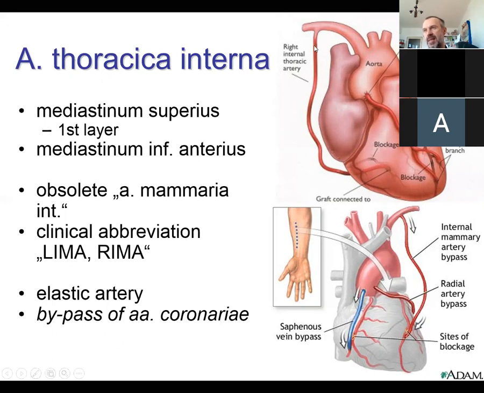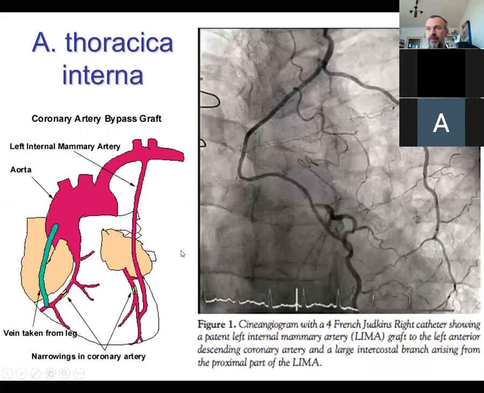This artery is elastic, so it does not suffer so much from atherosclerosis, which is fine. So then here you can see such an artery shown with the angiography, used for the heart bypass.